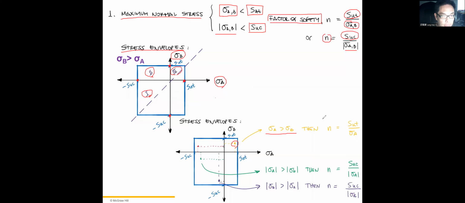Then we define its safety factor N equal to SUT divided by sigma A, because sigma A is higher than sigma B. Obviously, if sigma B is higher, we just use sigma B as the denominator.